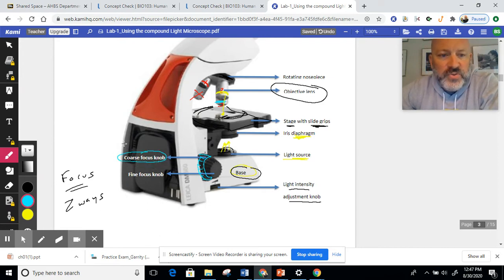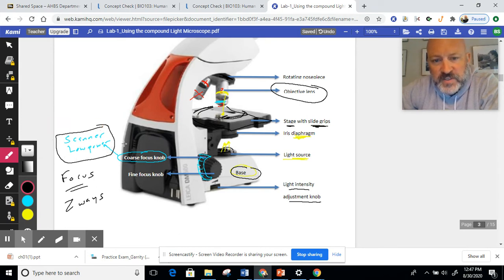When you are using the scanner lens or low power, you want to be focusing with this larger knob on the outside, which is the coarse focus knob. And what this knob does is it raises and lowers the stage. When we raise the stage and lower the stage, that's how we are focusing on our specimen here.